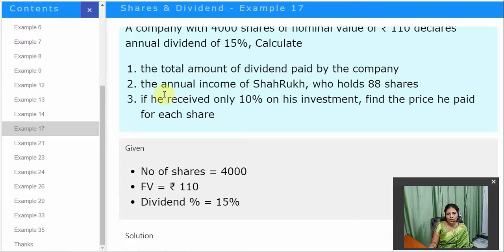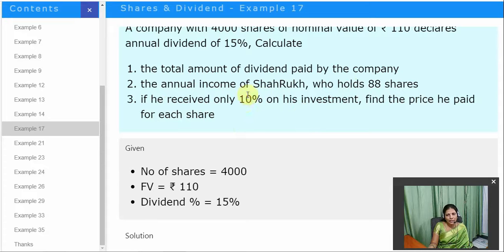And next subdivision is you need to find the annual income of this person who holds 88 shares. Suppose if he is having 88 shares, what is his annual income? His annual dividend. That is next subdivision. And the third subdivision, if he received only 10% on his investment, find the price he paid for each share.